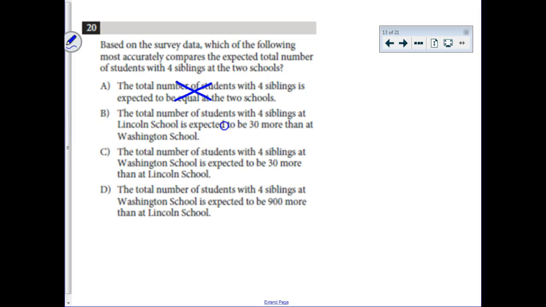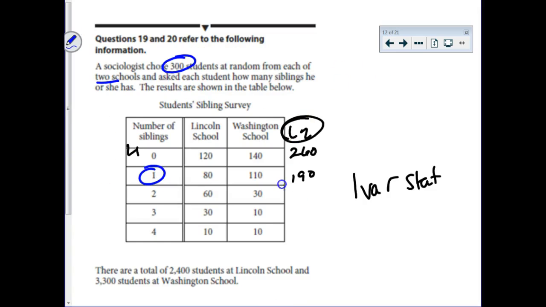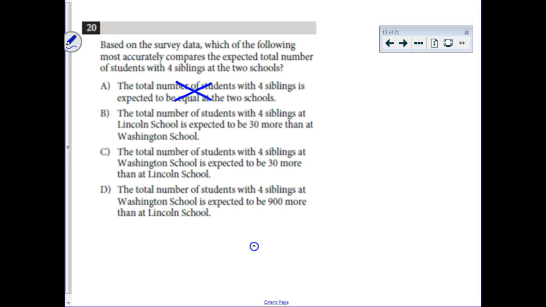Okay, so 10 out of 2,400 compared to 10 out of 3,300. Total number of students with 4 siblings at Washington School is... I don't know what's going on here. I have one circled, but now I'm second guessing it.